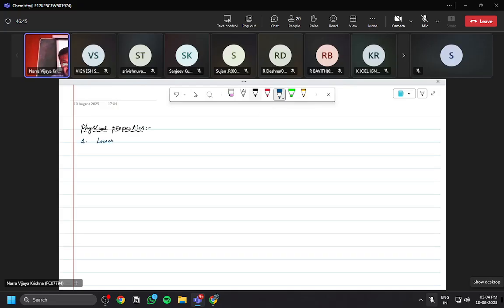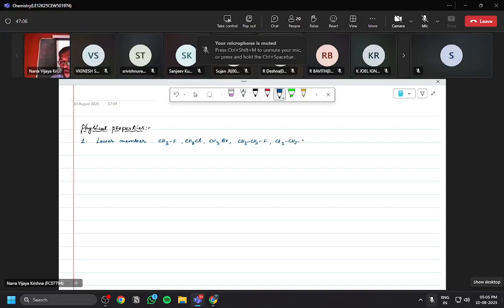Lower alkyl halides, such as methyl fluoride, chloride, bromide, ethyl fluoride, ethyl chloride, all are gases at room temperature.